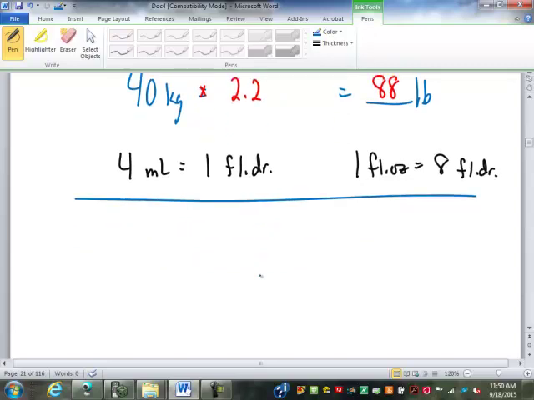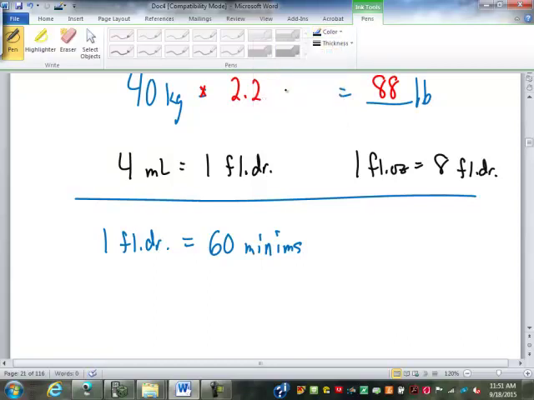Originally, a minim, now minim sounds a lot like minute, so this would make sense. 1 fluid dram contains 60 minims. Minims, not minoms. Think, like I said, think of minute. There's 60 minutes in an hour. There's 60 minims in a fluid dram.